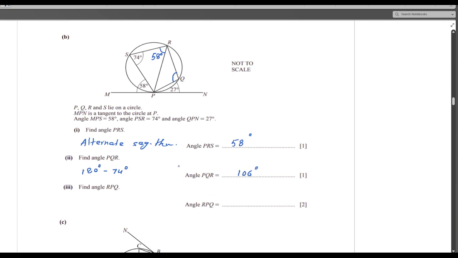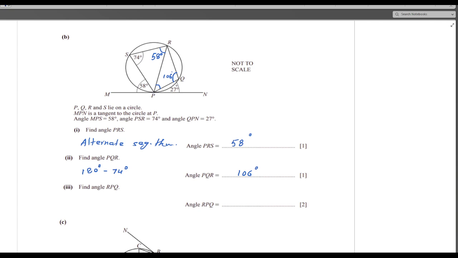And angle RPQ. We have found this angle, which is 106, and here 58. Now this angle is 27.